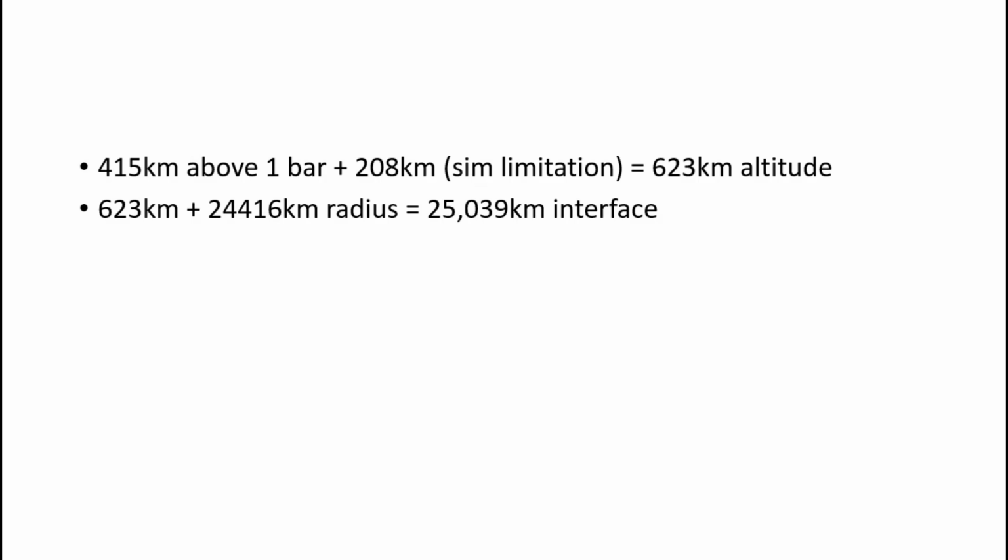We now need to solve an entry or transfer orbit that takes us into Neptune's stratosphere for entry, crossing that imaginary interface line of 25,039 kilometers radius with a flight path angle of negative 0.2 degrees. This is extremely shallow as compared with the Earth, which is typically around 2 degrees. There's two reasons for this.